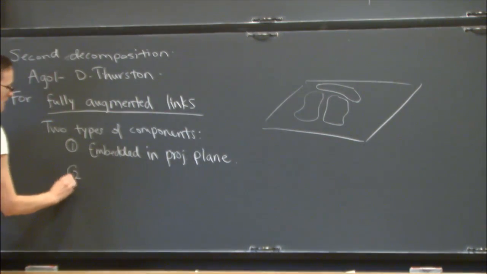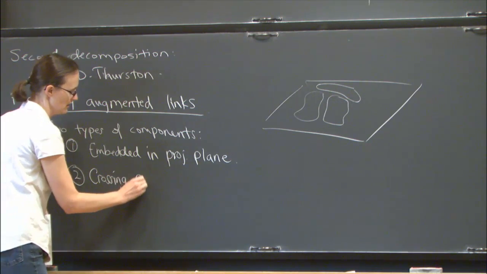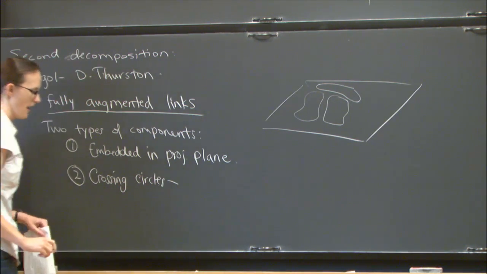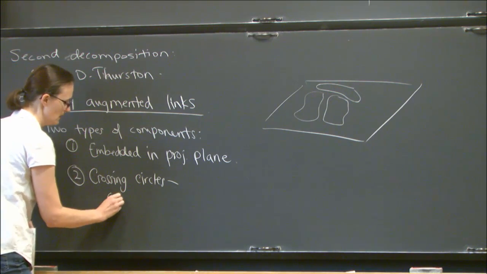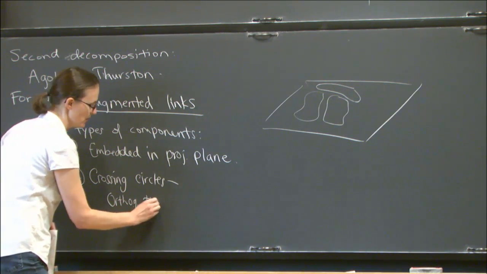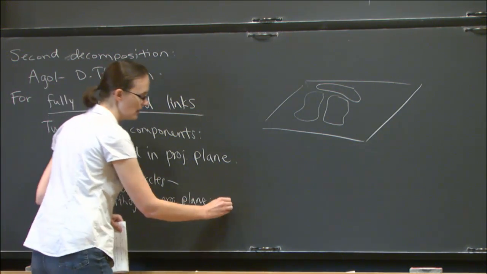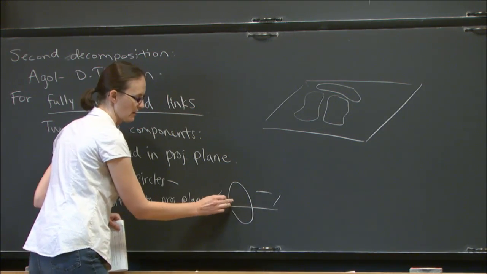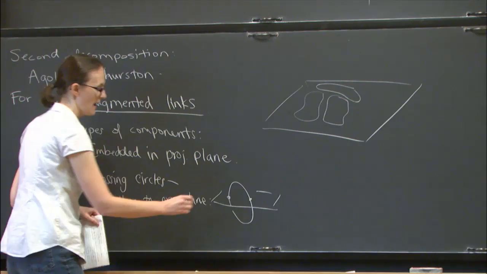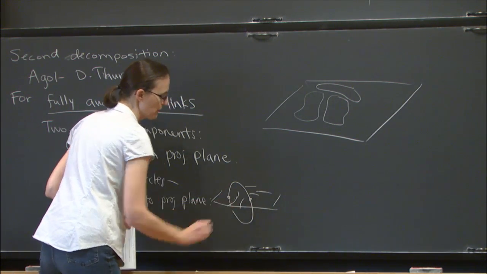And then the other type are what I call crossing circles. And these are perpendicular, so orthogonal, to the projection plane. And it's a simple unknotted component. So here's the projection plane, right? It's orthogonal to that. And exactly two strands of the link run through it.